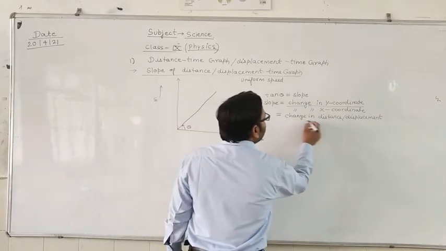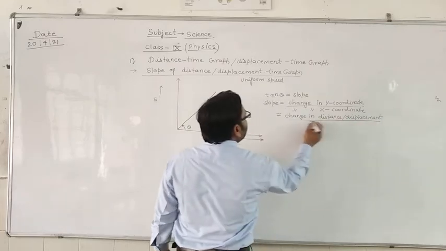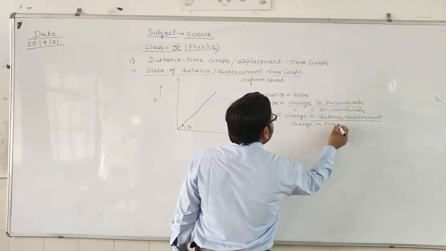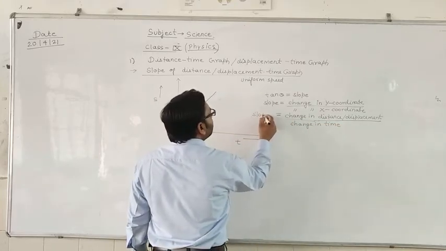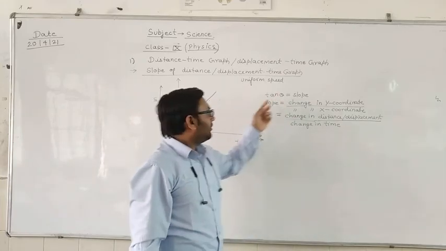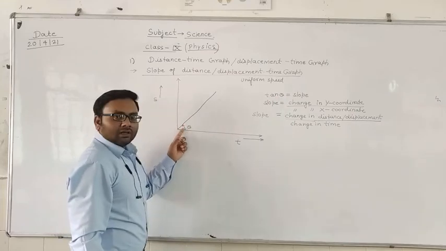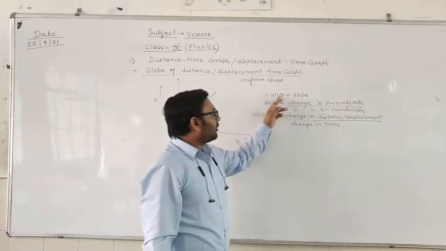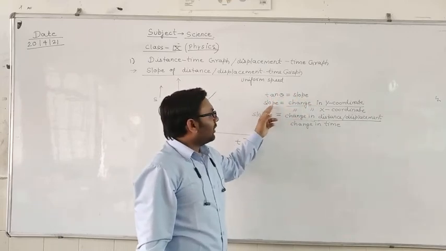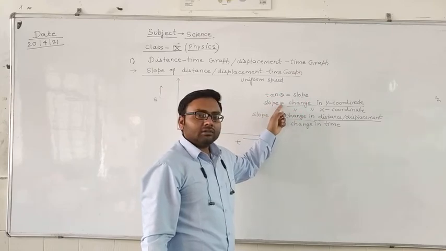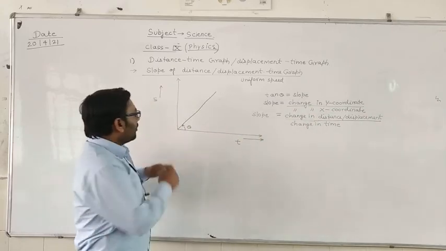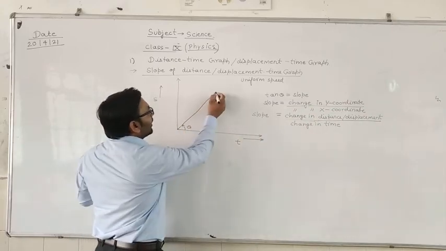So the ratio of change in distance or displacement to the change in time is the slope. There are two definitions of slope. This is the mathematical definition: the graph makes some angle theta with the positive time axis, and the tangent of that angle, tan theta, is called the slope. The other definition is the ratio of change in y coordinate to the change in x coordinate, when we go from the initial point of the graph to the final point.